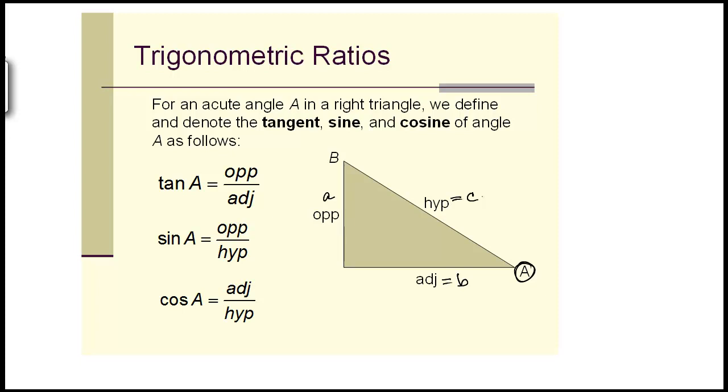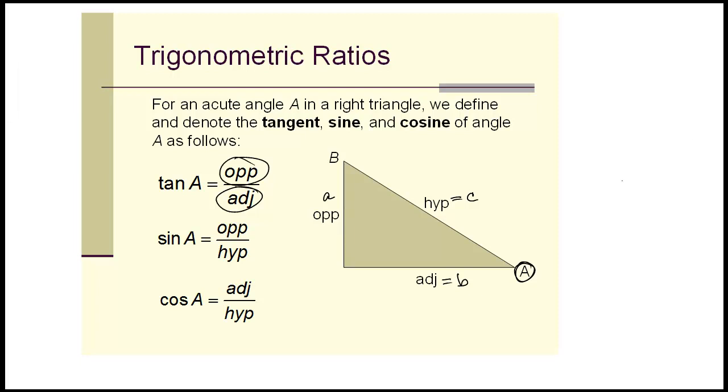So with respect to angle A, tangent is going to be the opposite over adjacent. Sine of angle A is going to be the opposite over the hypotenuse. Cosine is going to be the adjacent side over the hypotenuse.